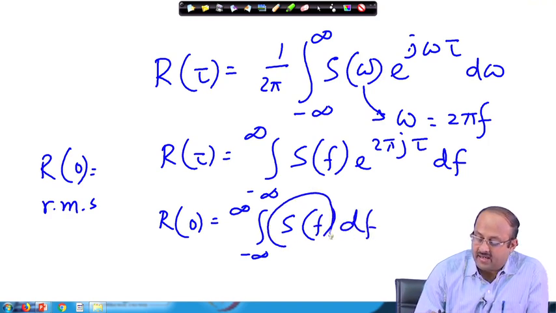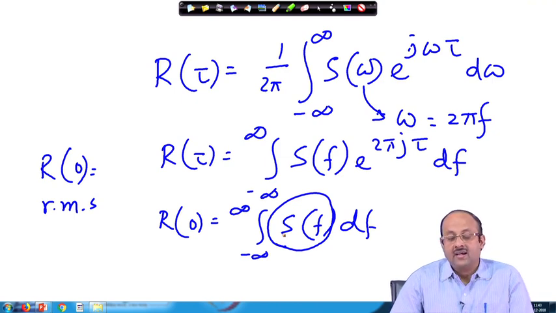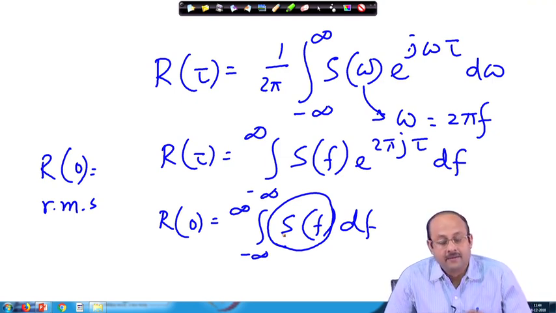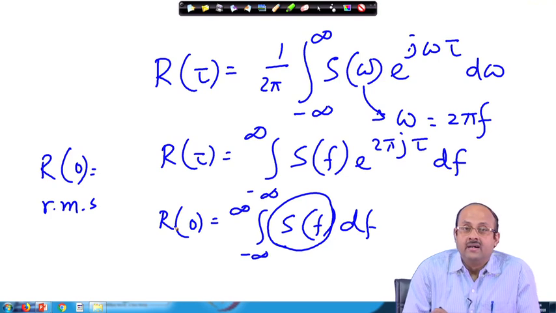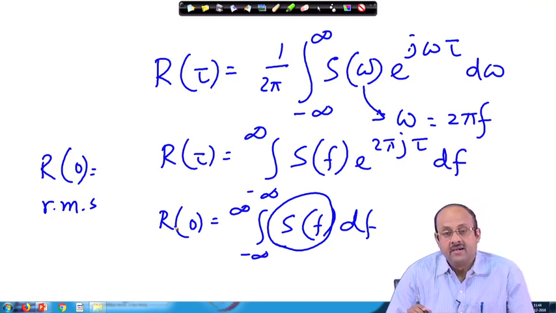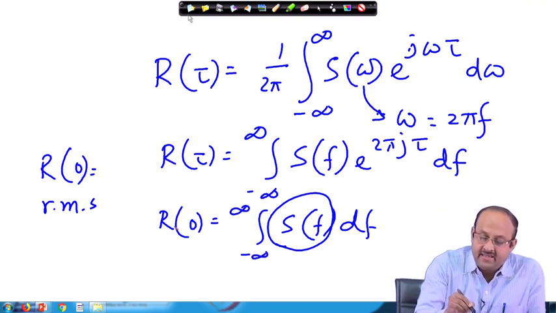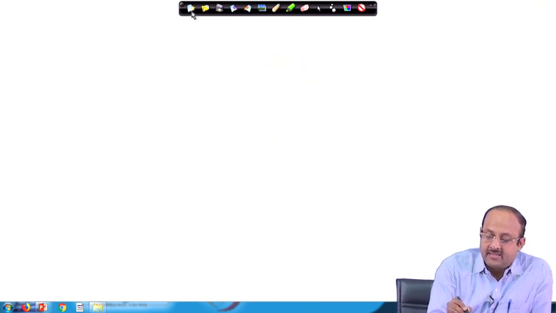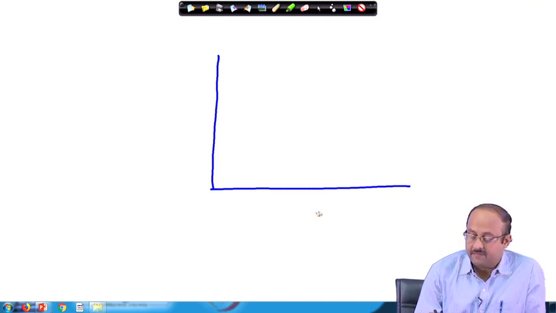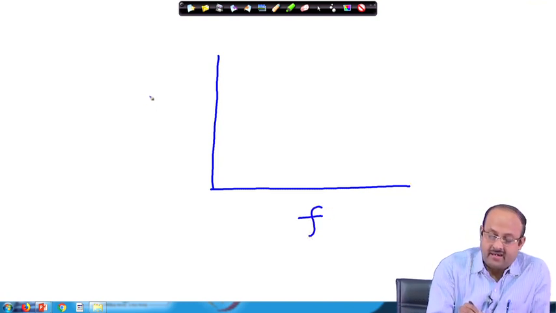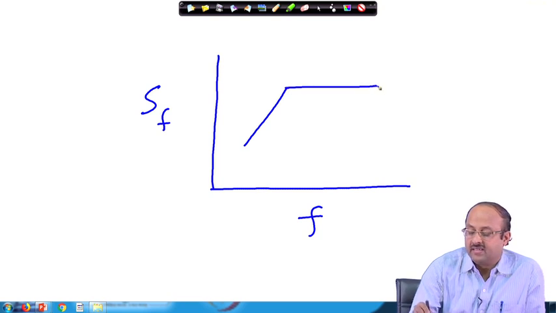The importance of the power spectral density function is that if you integrate it over the frequency, then you will get the RMS value of the function. In many cases, y is specified in terms of its RMS value. If we have S(f), in many cases the function is something like this.